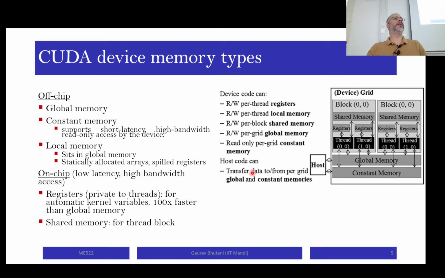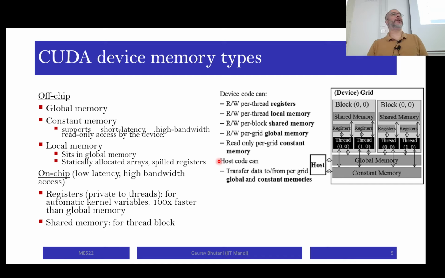In the first part, the host copied the information from host memory to the global memory, which was writing, and then in the last part the host read from the global memory. So global memory is where everybody can read and write, and that is the intent of global memory.